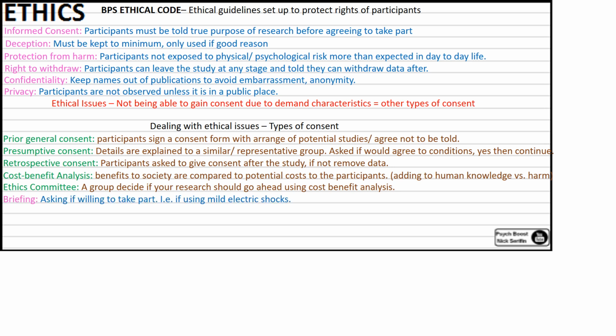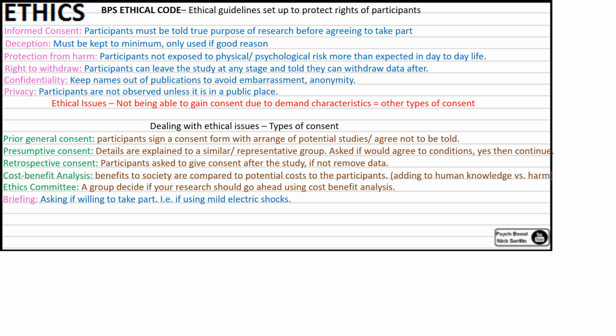Okay, before I move on, a quick question for you to prepare before you come into class. I'd like you to think of Zimbardo's prison study. I'd like you to list how he might have breached ethical guidelines. These ethical guidelines weren't in place when he did his research, but if he was doing it today.